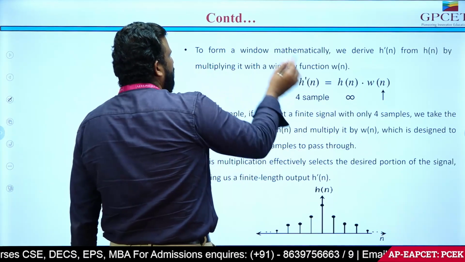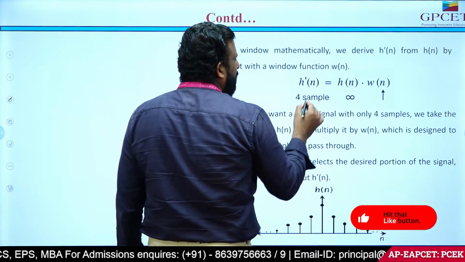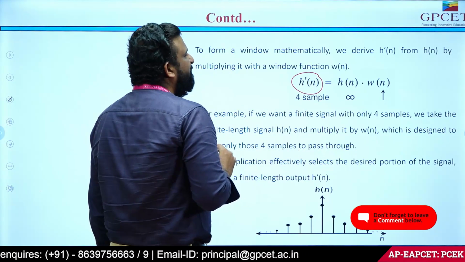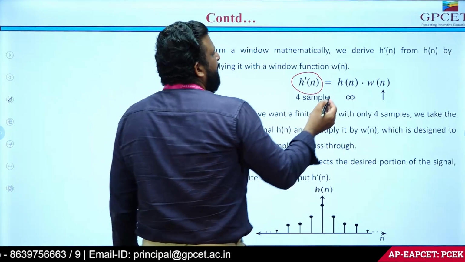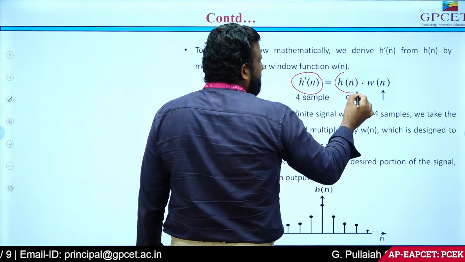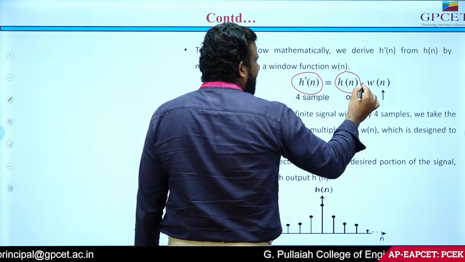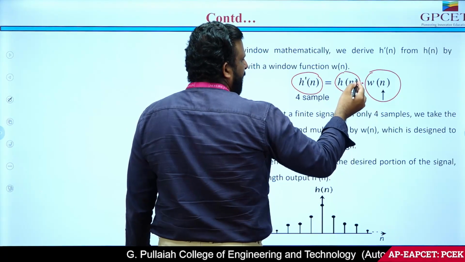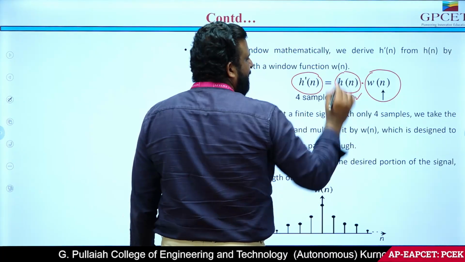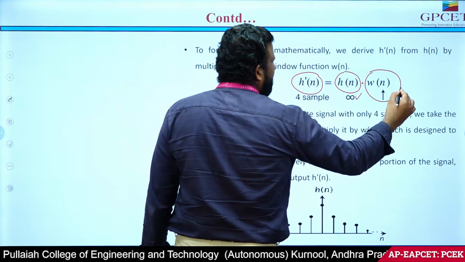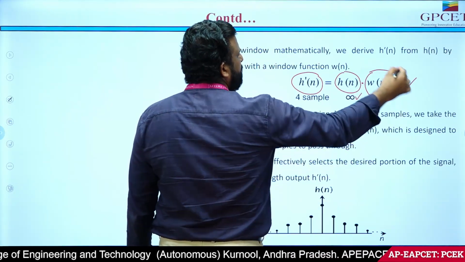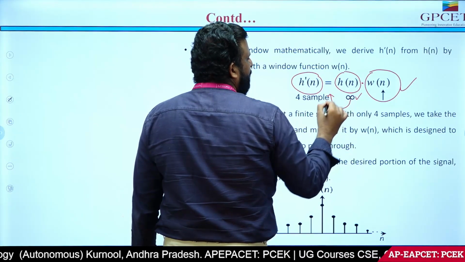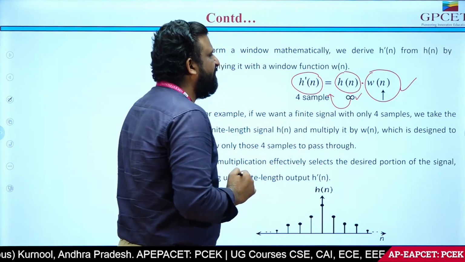See here, to form windowing mathematically, what we obtain at the output side is h dash of n, which is a finite length signal. How is it obtained? When the infinite number of samples, that is h of n, is passed through the window w of n, getting my point, when h of n, which is infinite number of samples, is multiplied with the windowing technique, this infinite sequence will be converted into a finite number of samples, so that h dash of n is obtained.